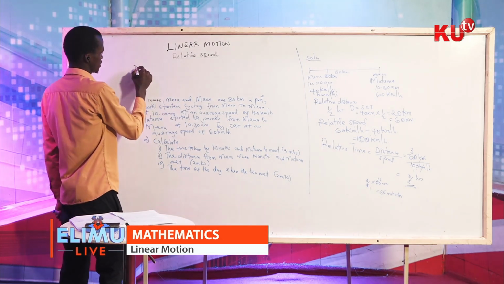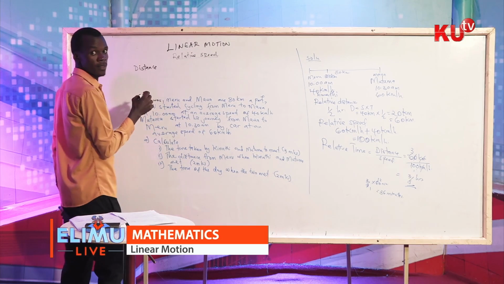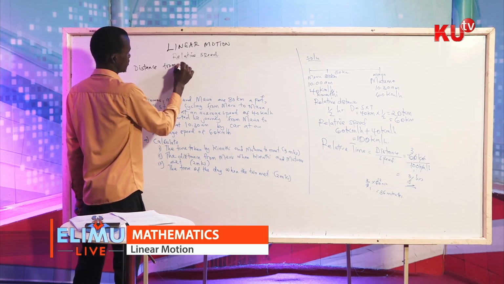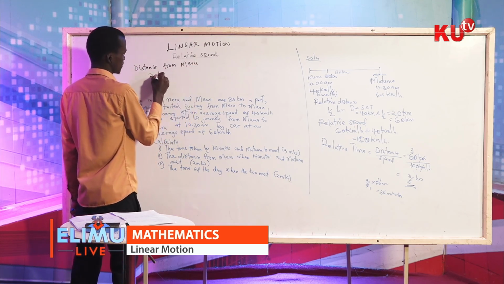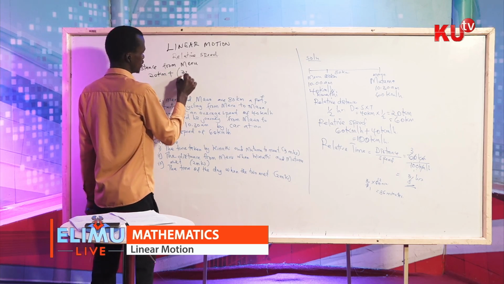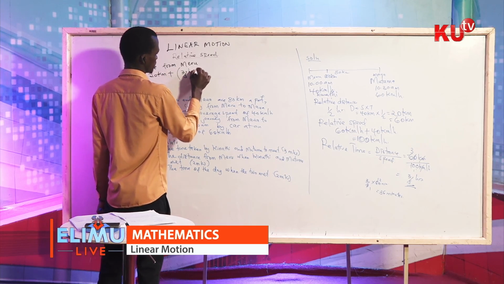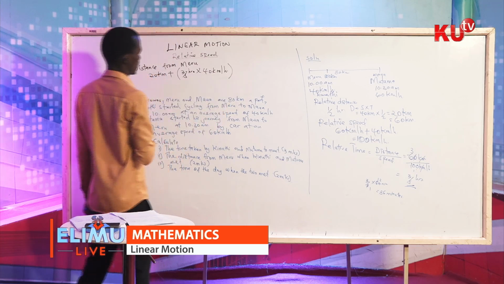So distance from Meru is 20 kilometers plus 3/5 hours times 40 kilometers per hour.